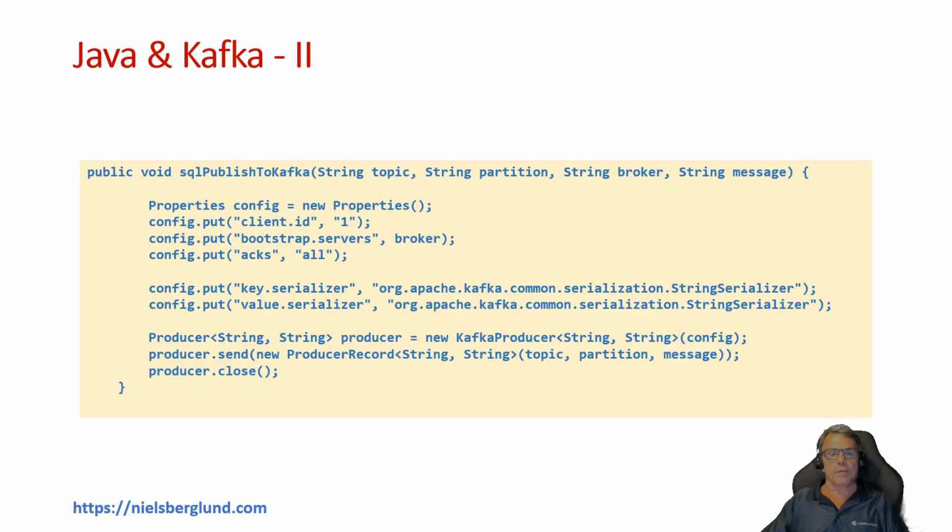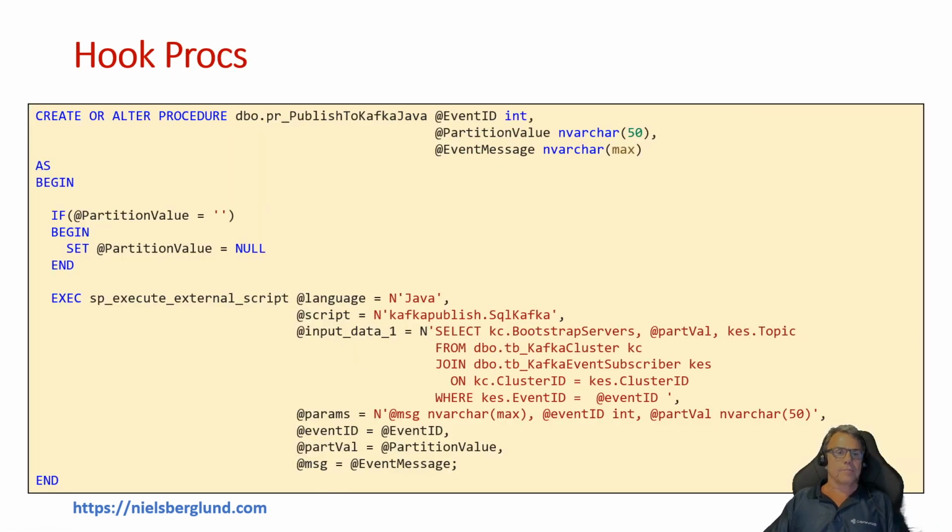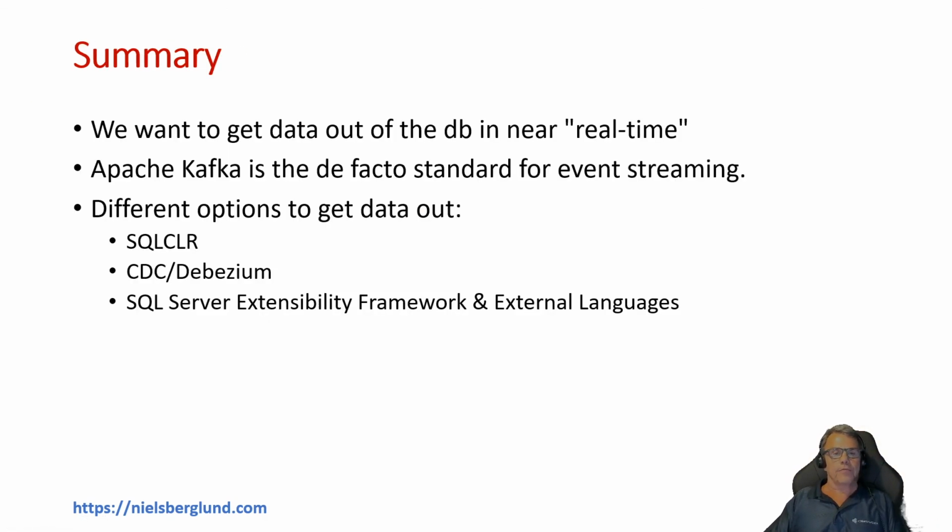So we have seen how we are deploying and creating an external language, how we're creating that Java SDK that is required, and then finally how I'm creating the actual library that calls to Kafka and hooking it into my various procedures, and that's that.